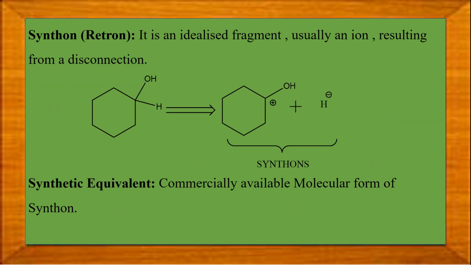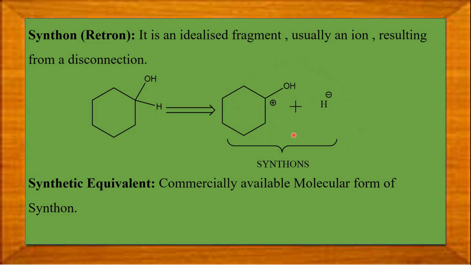The word synthon or retron is the idealized fragment, usually an ion, resulting by disconnection of a bond in the target molecule. So here I have given an alcohol, and when we write the retro reaction, we break this carbon hydrogen bond and generate a carbocation and hydride anion.